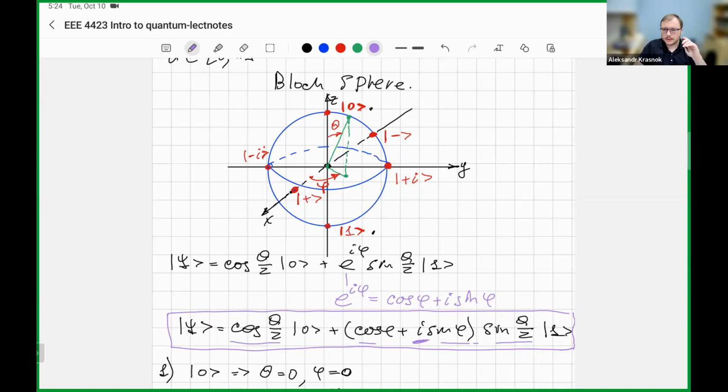And finally, the circular polarization, clockwise and counterclockwise photon, represents the plus i and minus i states on the sphere. So the Bloch sphere is also used in photonics to represent all possible polarization states of a photon.